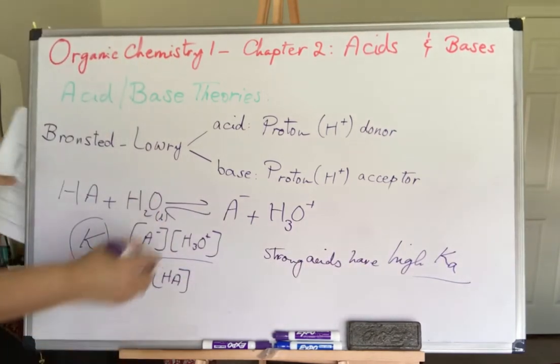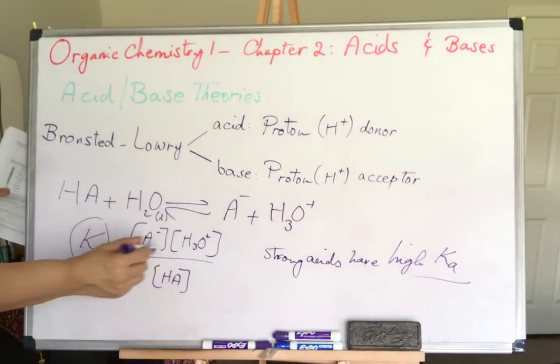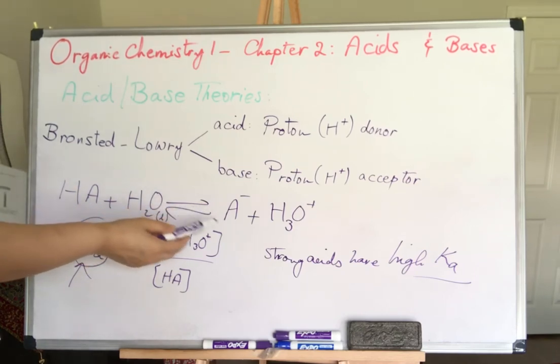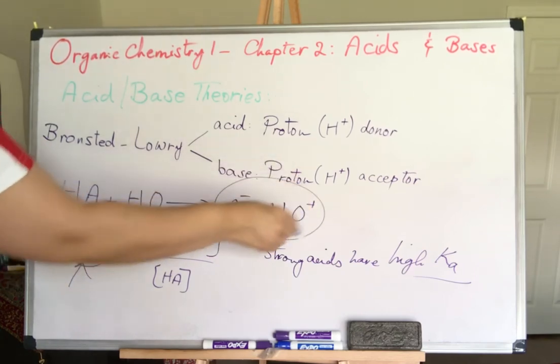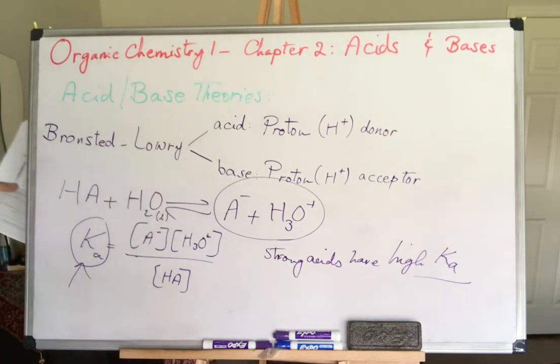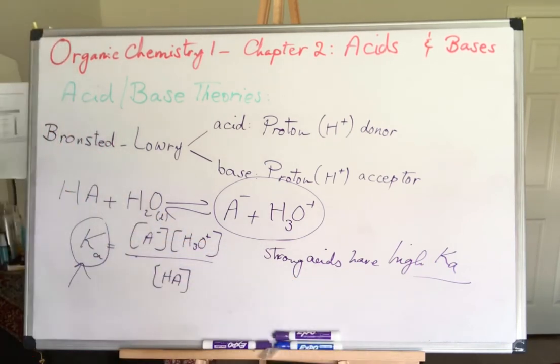One more time. High Ka means the top of fraction is higher. This means the production is higher and the acid has dissociated more towards the product. So it means that it was a stronger acid to be able to dissociate better.